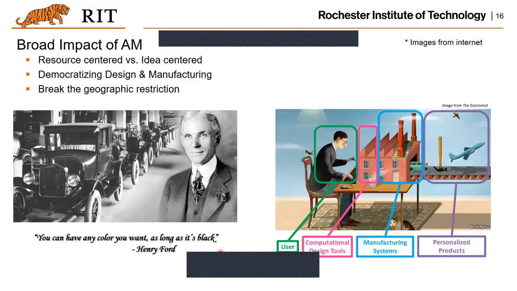So you can see this new picture for additive manufacturing could benefit human beings, right? It actually democratizes design and manufacturing. Basically, everybody has the potential to design and fabricate their own product instead of waiting for big companies to provide their product to you, right?